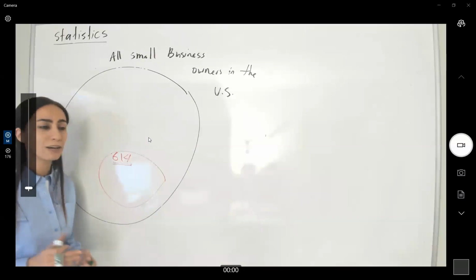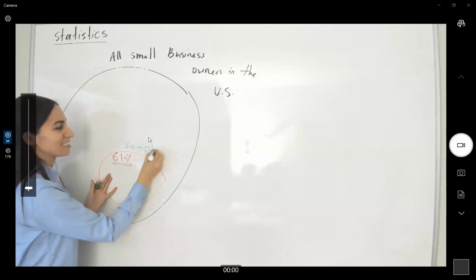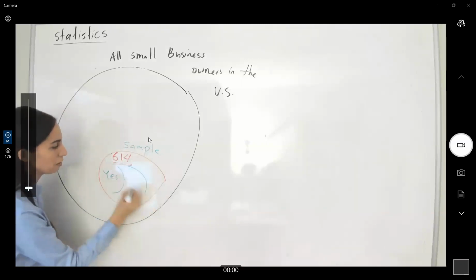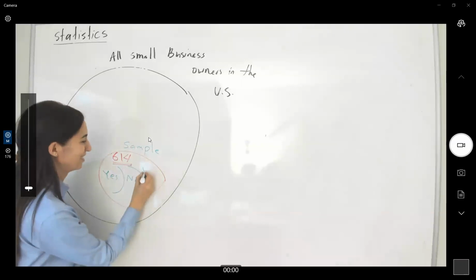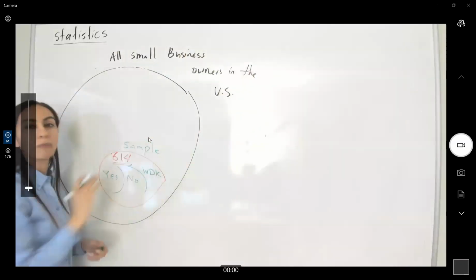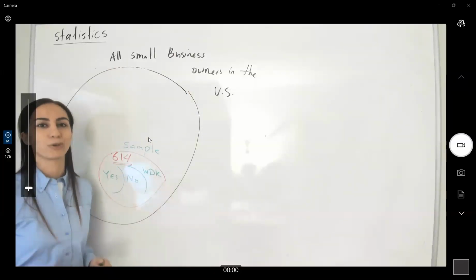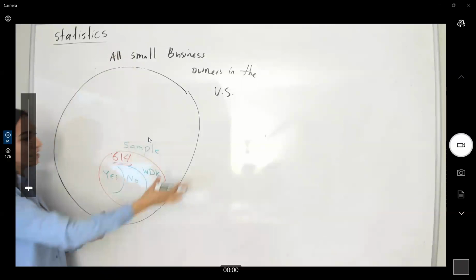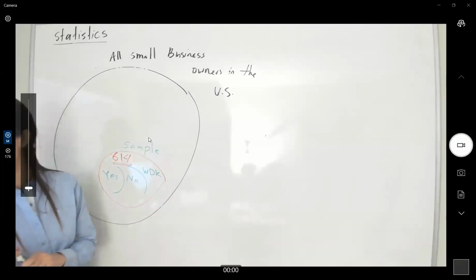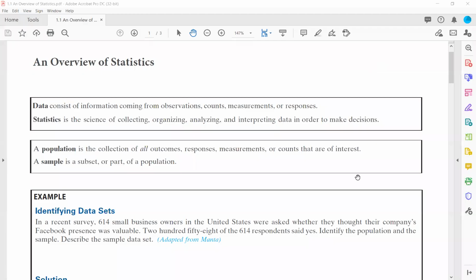You collected the data, and the data in the sample includes some portions. Some said yes, some said no, some said we don't know. So the population is all small business owners in the United States. Out of that population, you collected a random sample of 614.